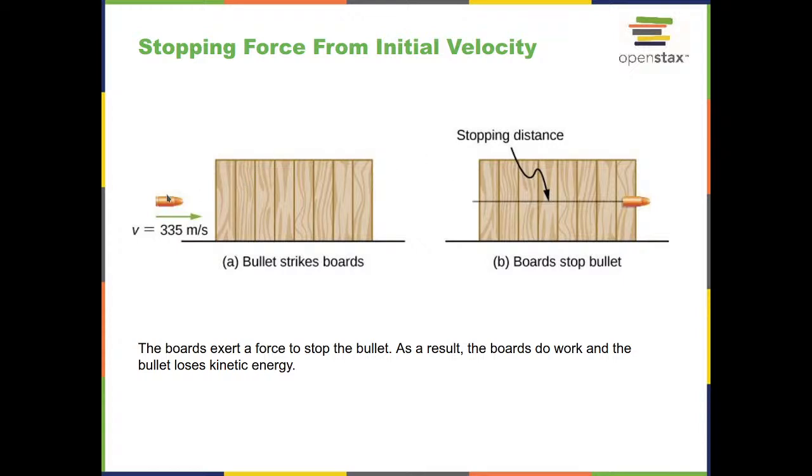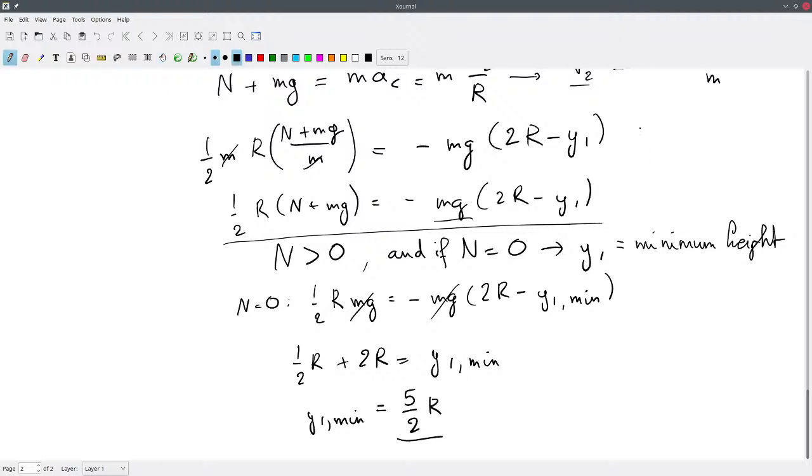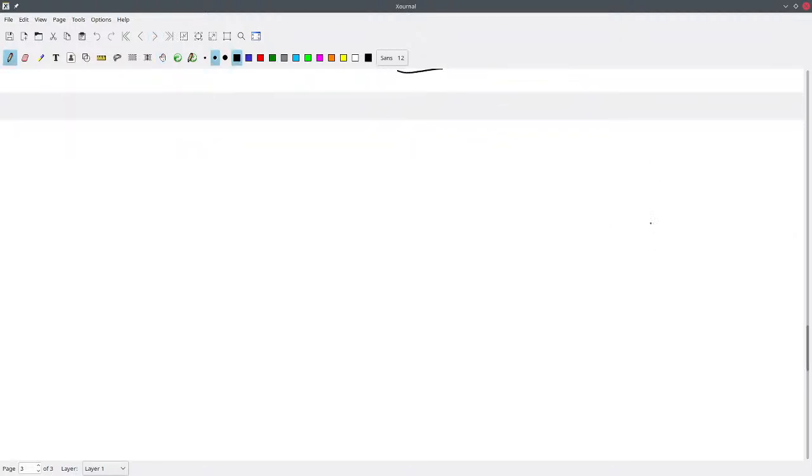You wouldn't need the weight of the bullet here, because actually, you would need the weight of the bullet. Sorry, I correct myself. So in terms of stopping power, we can actually quickly do this problem. Let's call it stopping force actually. The change in kinetic energy is 1/2 mv squared.